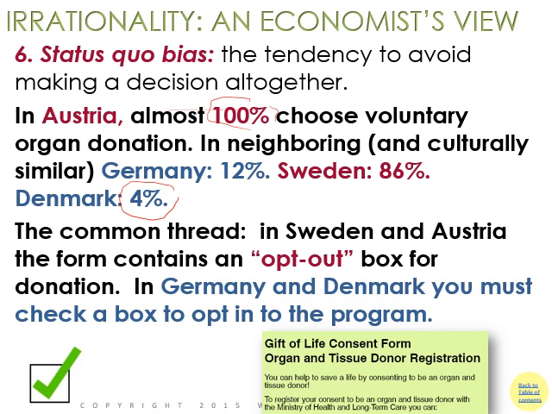In Sweden, in order to become a voluntary organ donor, you do not check the box. 86% of the people do not check the box and become organ donors. So it's just how you ask the question. Status quo. People are reluctant to check the box.